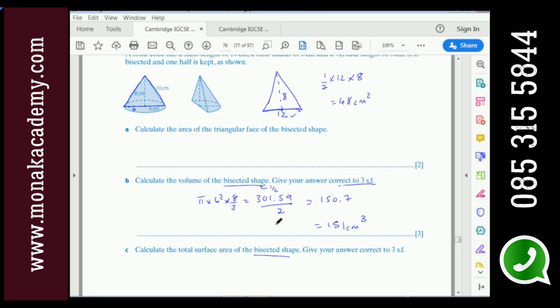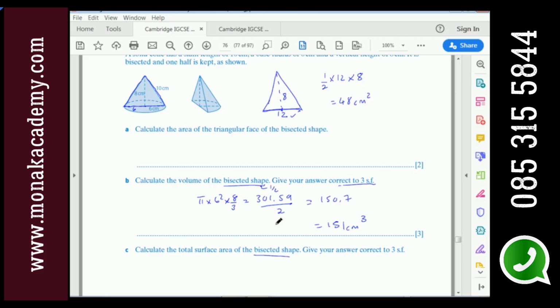That shape is floating in the air. There are 3 sides. So when you have to calculate your total surface area, you have to calculate the area of how many sides? 3. Did we already calculate the area of one of the sides?